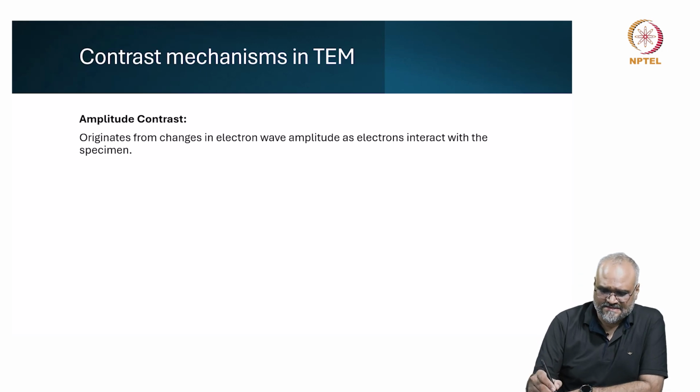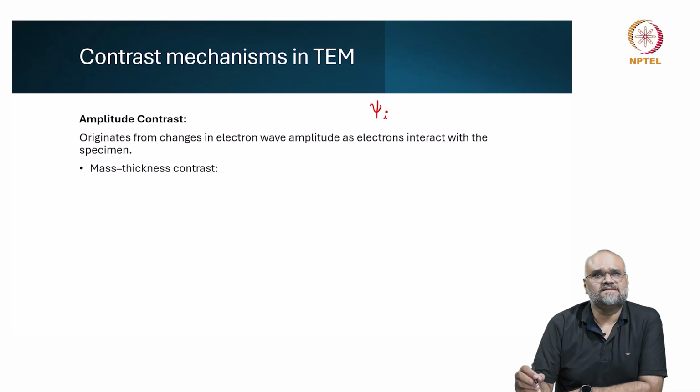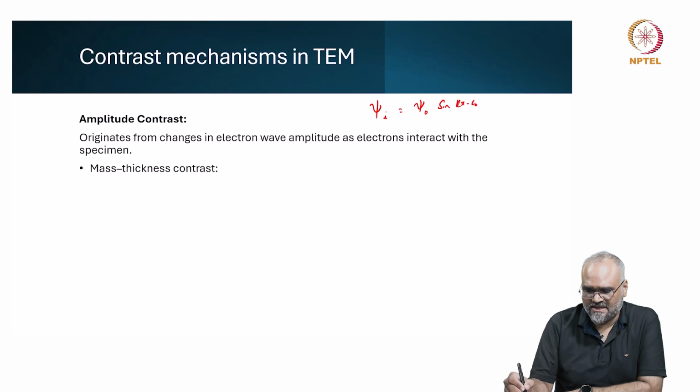So if I say psi I is the incident wave, and this has some amplitude psi naught, sin(kx minus omega t), on undergoing scattering, let us say the amplitude here is psi naught prime sin(kx minus omega t).